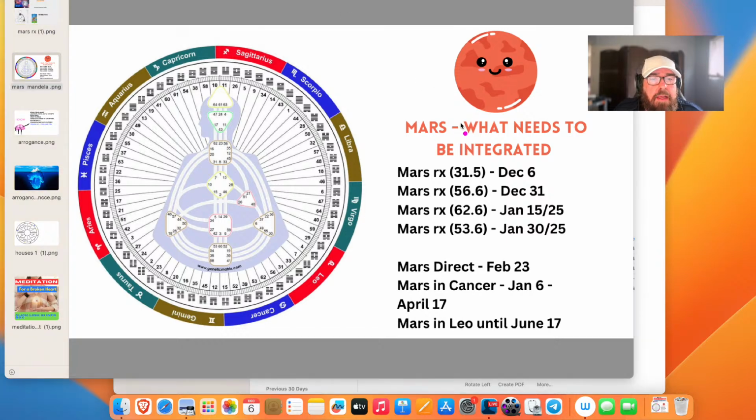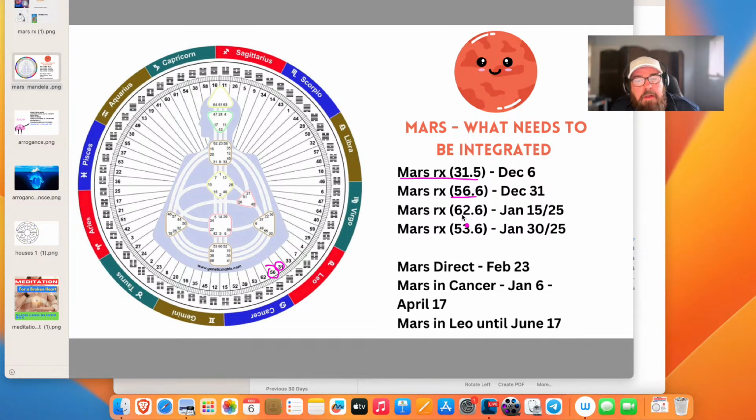Okay, so let's look at some dates here with Mars, and this is an important retrograde, and you'll see why. Okay, so this is the mandala in human design. So Mars went retrograde in the 31st gate. So that's Leo right there. You can see the 31 in the mandala. And then December 31st, it moves into the 56.6, and then it goes to .5, .4, .3, .2, and .1. And then it will go into the 62.6 in that way, right?